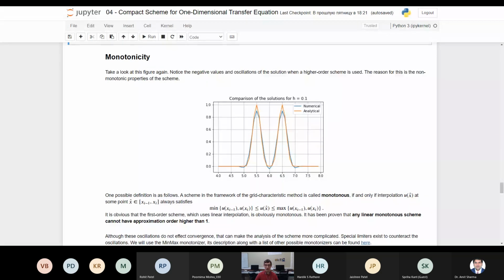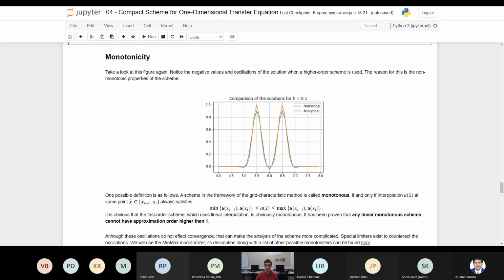And in some applications, this is very troublesome and problematic because some functions represent certain physical quantities which can never be negative, and obtaining the negative value in a computation, even if this value is rather small compared to the amplitude of the solution, still it is a problem.